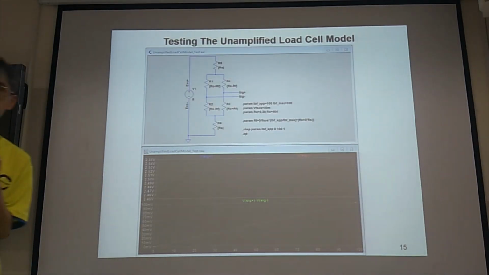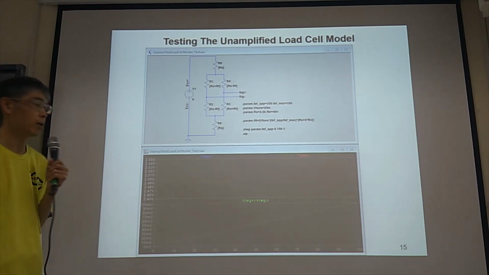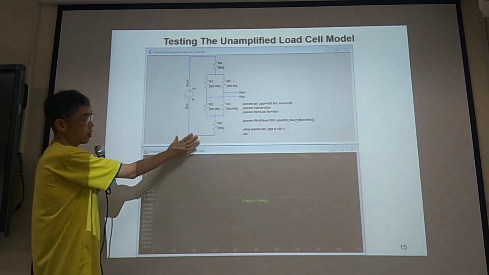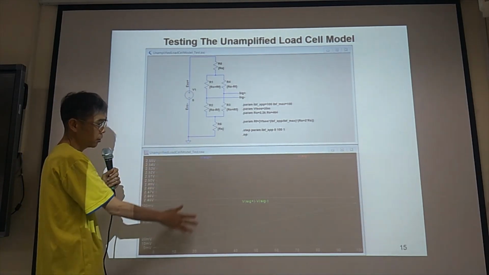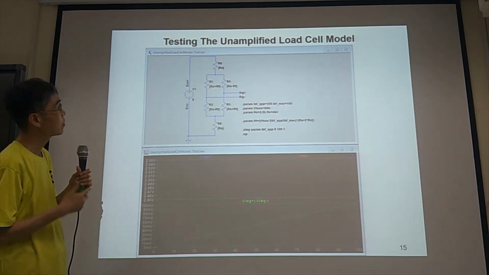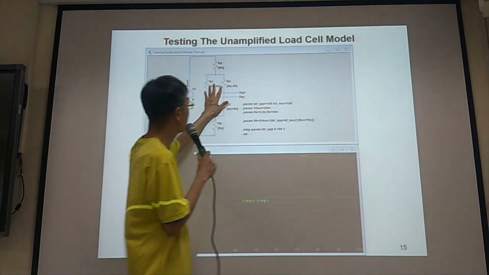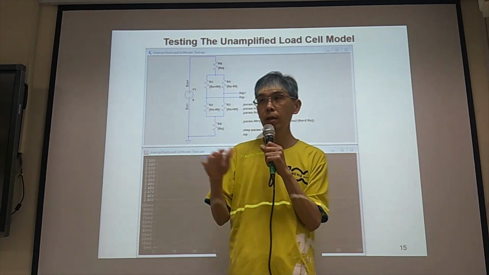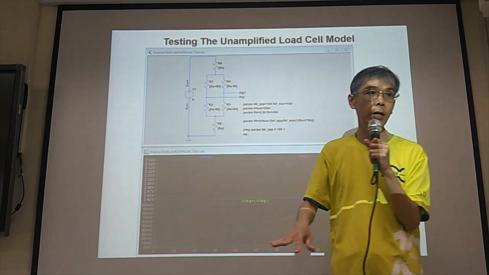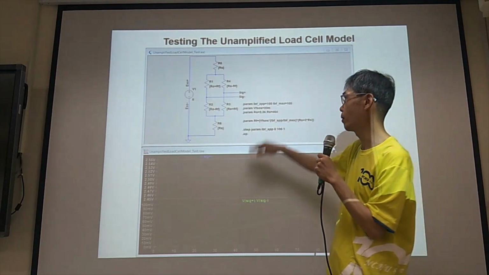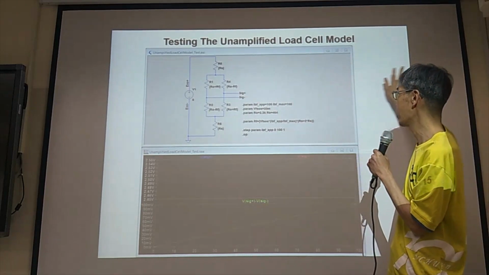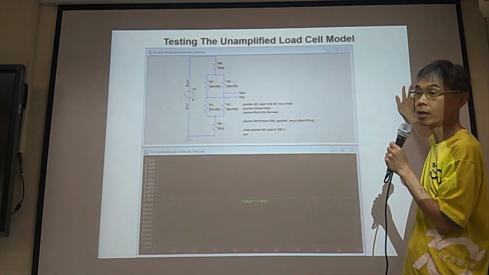Next week we are going to do LTspice. We will create this circuit in LTspice and run the simulation to see if we can get the result. This is the load cell model. After 1 or 2 weeks, the circuit is going to become complicated. You have the Wheatstone bridge, you have a buffer, you have the amplifier or ADC.